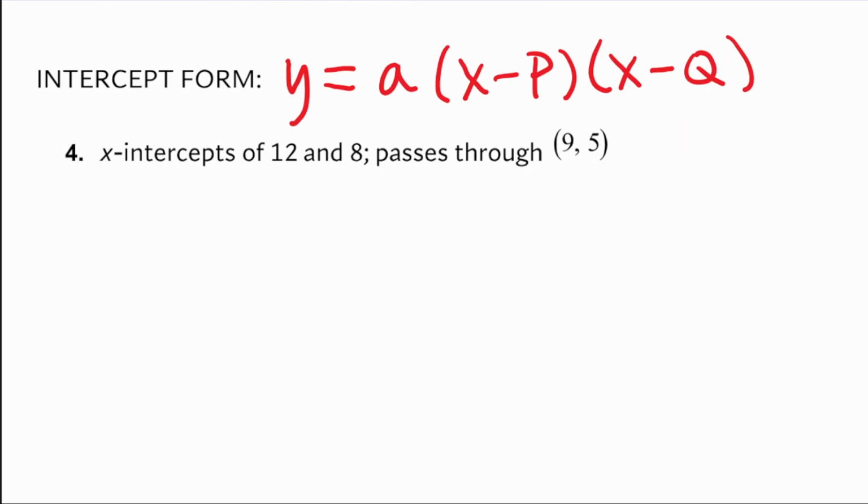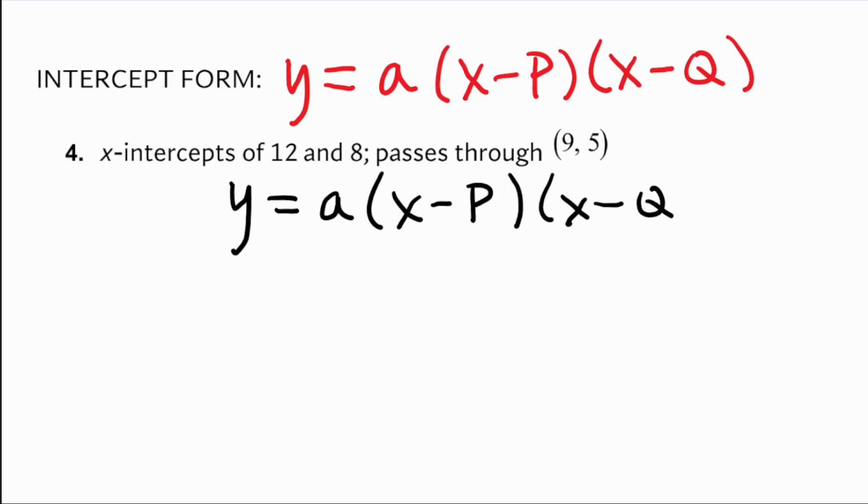Start with the skeleton of the intercept form equation, and we'll plug in what we know. The x-intercepts are 12 and 8, so I'll put those in there. And then use that point 9 and 5 to solve for the unknown, which is a.